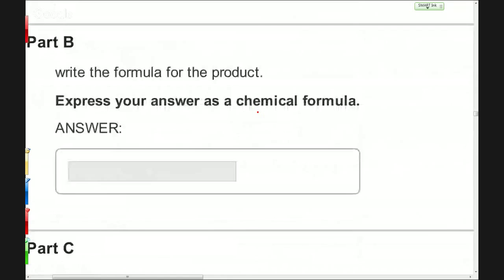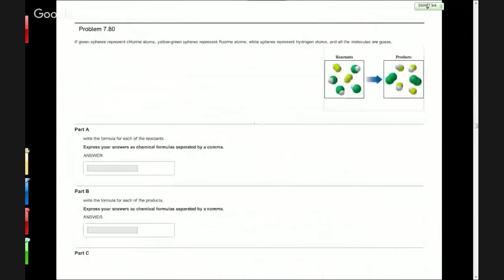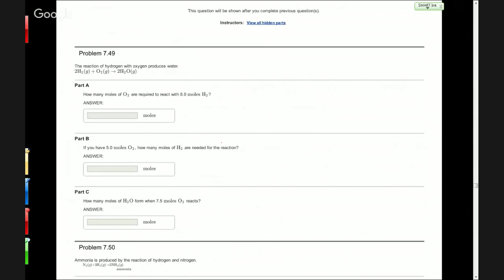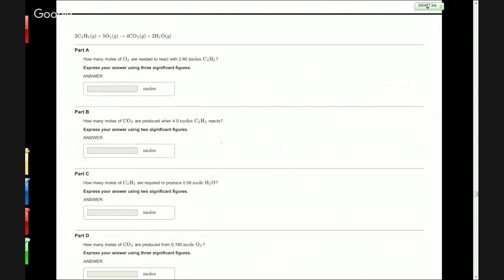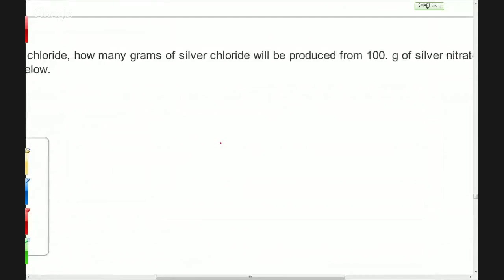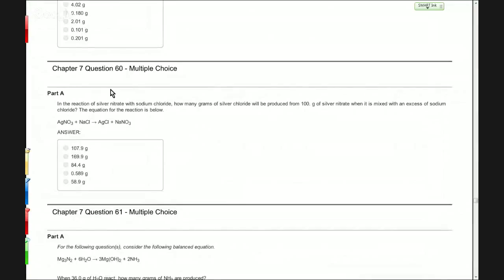All right. Let's look at one that has some other calculations in it too. It's kind of hard to read this one, but it says, in the reaction of silver nitrate with sodium chloride, how many grams of silver chloride will be produced from 100 grams of silver nitrate when it is mixed with an excess of sodium chloride?